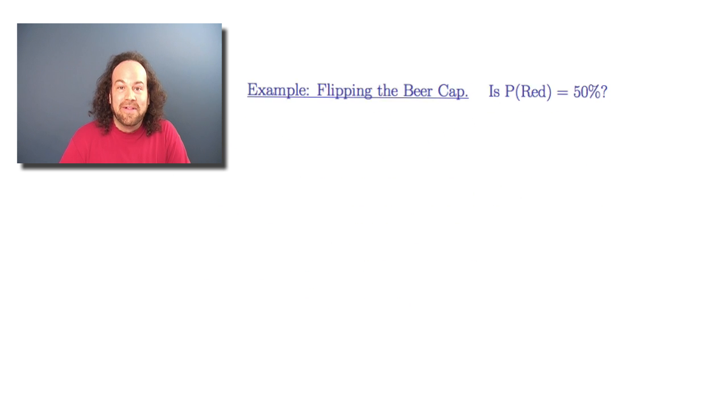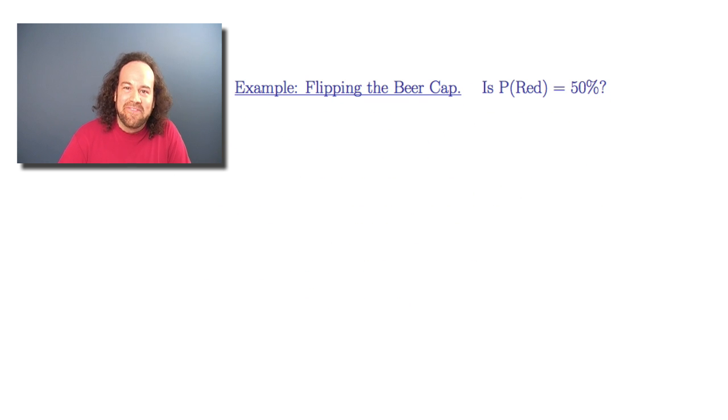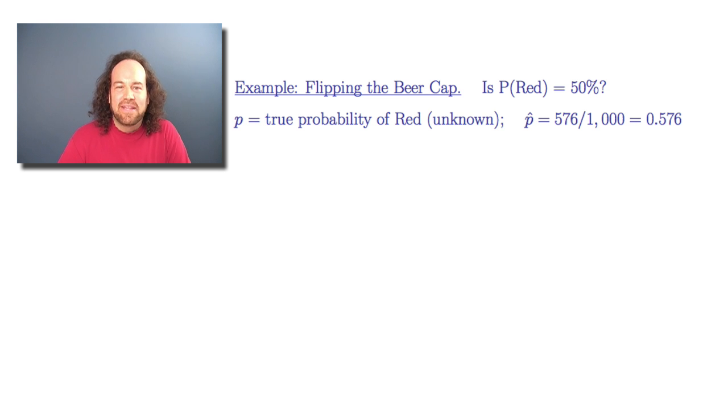For another example, let's go back to that case of flipping that beer cap and trying to figure out if the probability of getting the red side up was 50% or was some other value. Well, in this case, we could write that the true probability of red is p, which is unknown, and our observed estimate p hat in this case was, well, we got 576 red flips out of 1,000, which is, of course, 57.6% or 0.576.